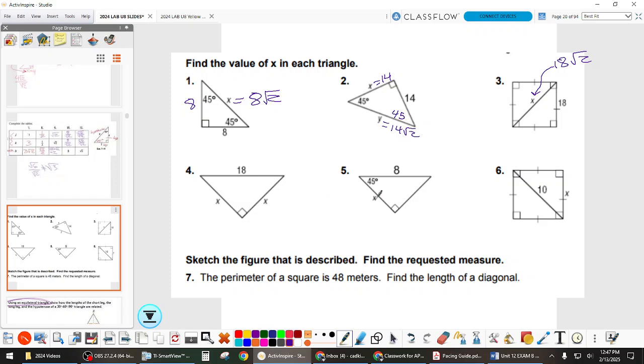Alright, let's go to this one next. Nothing in there about the angles. So how do you know it's 45, 45, 90? Well, that just tells us it's a 90. I mean, these could still be like 50 and 40, or whatever other combination adds up to 90. So how do we know that it is for sure a 45, 45, 90?